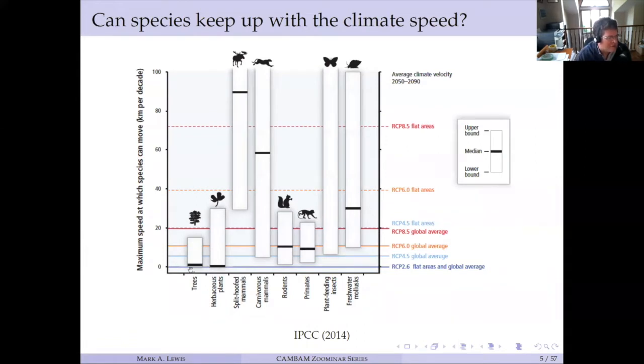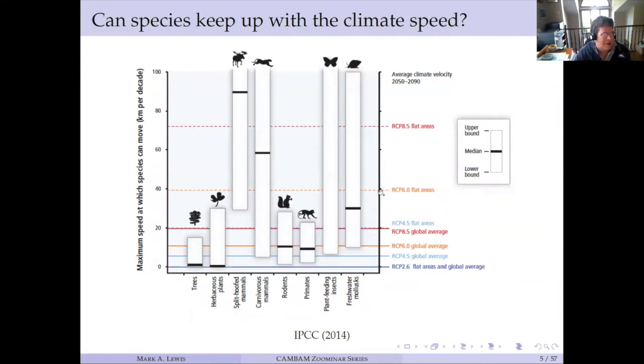And then we see trees are on this scale here, and this is kilometers per decade. On the right-hand axis are the actual predictions for average climate velocity in terms of these temperature isoclines. Of course, they're also highly variable depending on how far north you are and the mitigation scenario and so on and so forth.